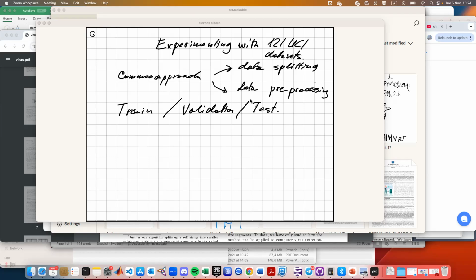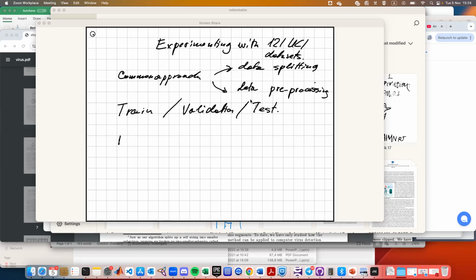So in this case, what would be the procedure for selecting the best configuration? So assume now we have this ideal split on train, validation, test. So the general procedure is about doing the following.